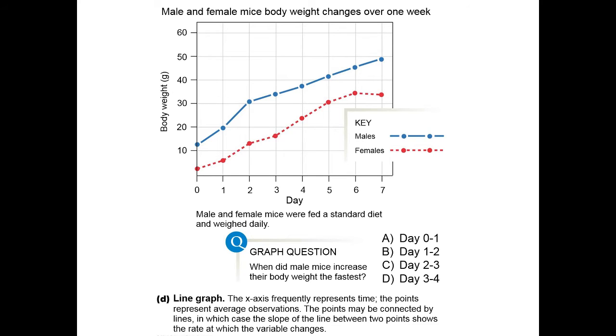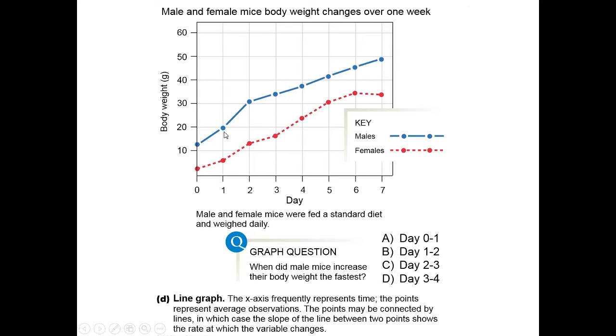We can also make comparisons on rate. Because our x-axis is almost always time, and then we're measuring something else on the y-axis, we can look at a rate of change. So we can look at the change in body weight over time. So an interesting question that we can ask is, for example, when did male mice increase their body weight the fastest?